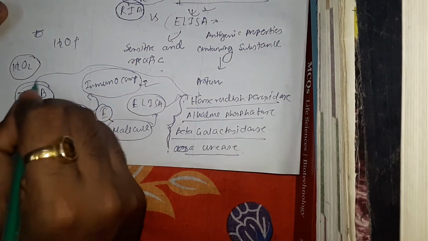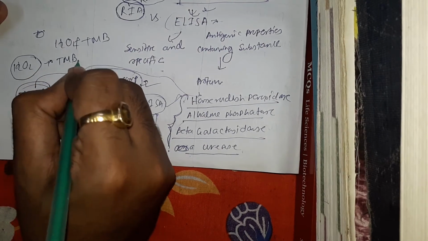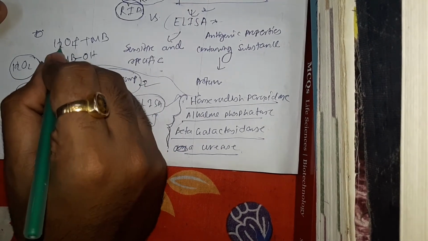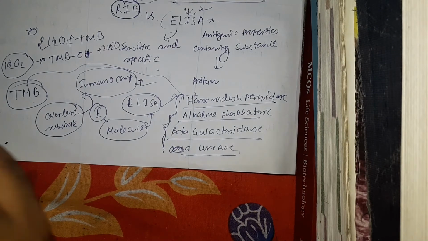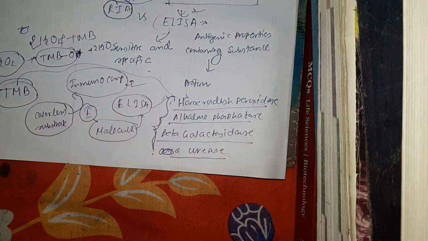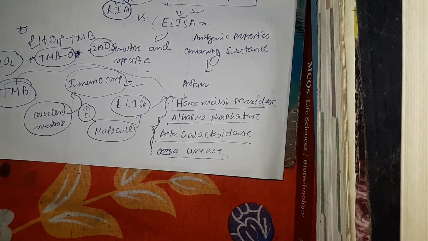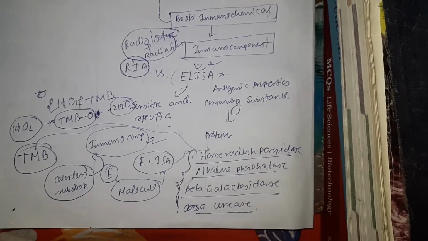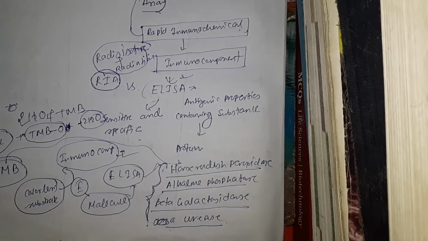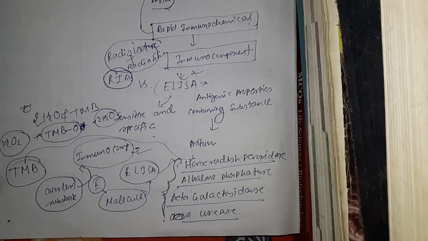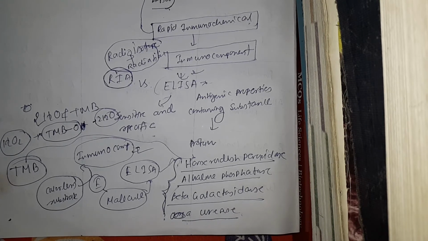H2O2, this is your TMB. So what is going on? This TMB becomes oxidized into tetramethylbenzidine oxide, and water will be liberated. Similarly, in the presence of alkaline phosphatase, beta galactosidase and urease, we also add another substrate that is usually colorless, but after reaction it is converted into a colored product.